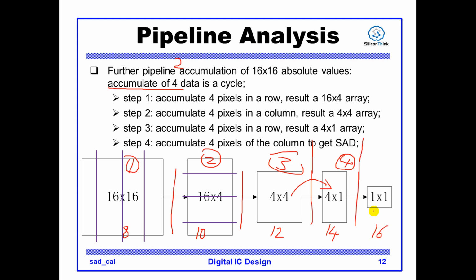So this stage must be the critical path, because it accumulates 14-bit data. The delay of 14-bit must be bigger than the delay of 12-bit and 8-bit. Okay, so this is the critical path.